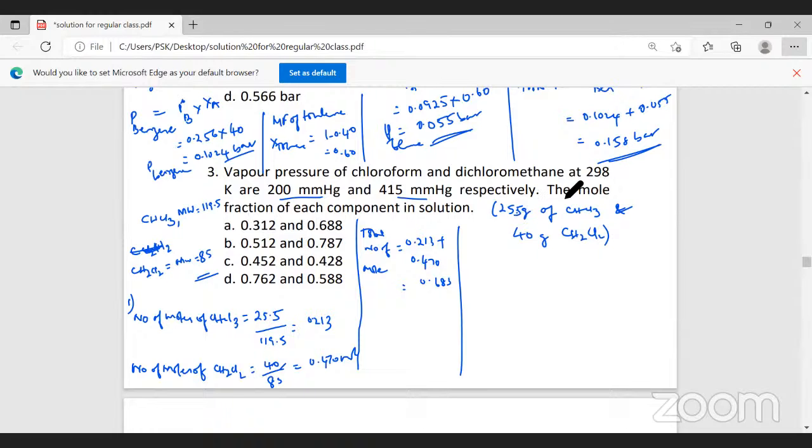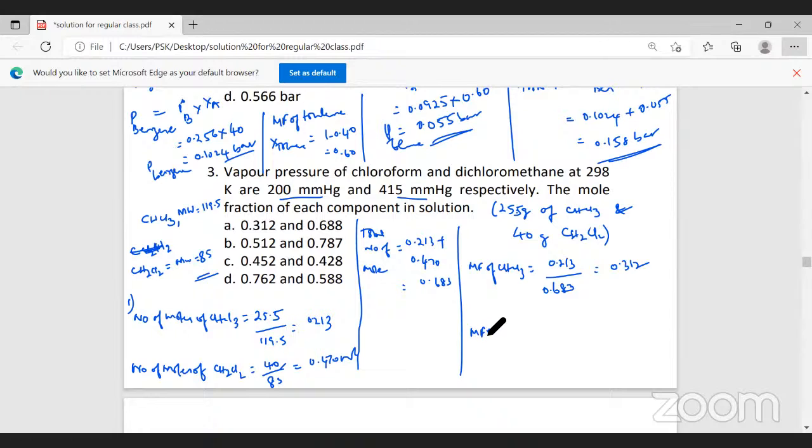The question is asking the mole fraction of each component. Mole fraction of chloroform will be number of moles of chloroform, that is 0.213, divided by total number of moles, that is 0.683. So this gives you 0.312.